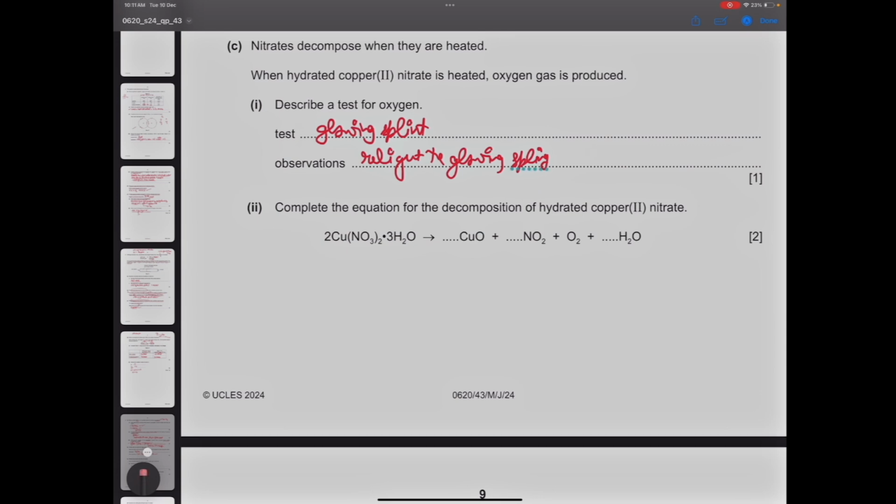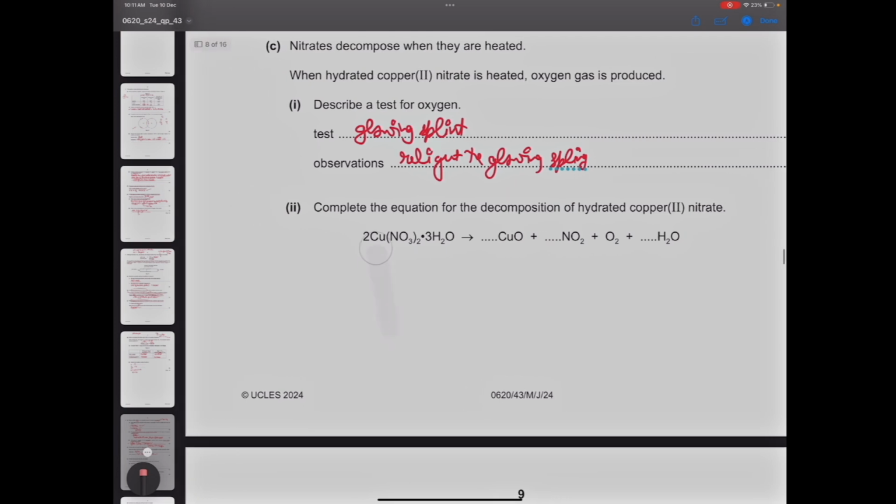Now, part two, you have to balance this equation. First of all, I think this will be the only section where most of you will be confused, so let me make it simpler for you. This is the total compound, and this is times 2. Just think about it. You will have 2 copper atoms and nitrogen atoms. Here it is times 2, then again times 2, so 4 nitrogen atoms.